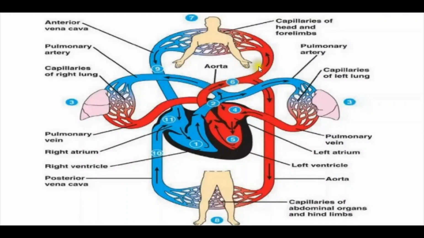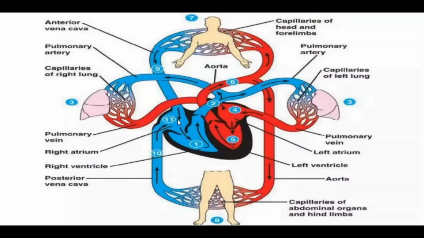Aorta carries oxygenated blood to all the organs of the body, and when it is coming back, it collects deoxygenated blood and reaches the right atrium.